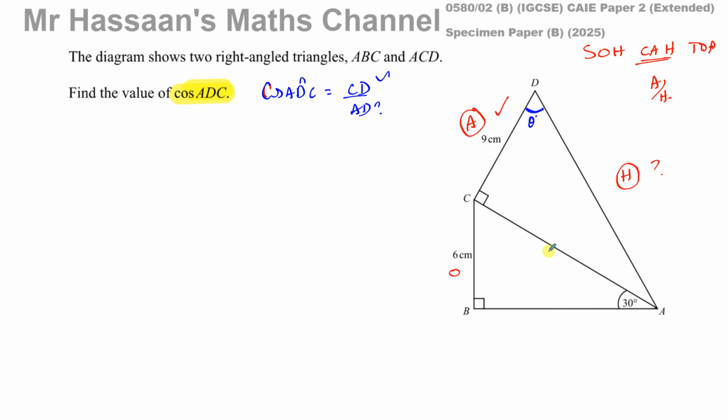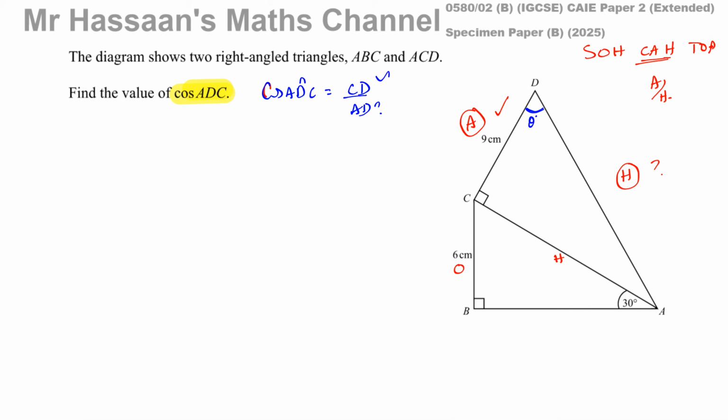This is the opposite side, and this is the hypotenuse in this triangle here. So we can find this side by using the fact that we have this angle on this side, so we can use the sine ratio.